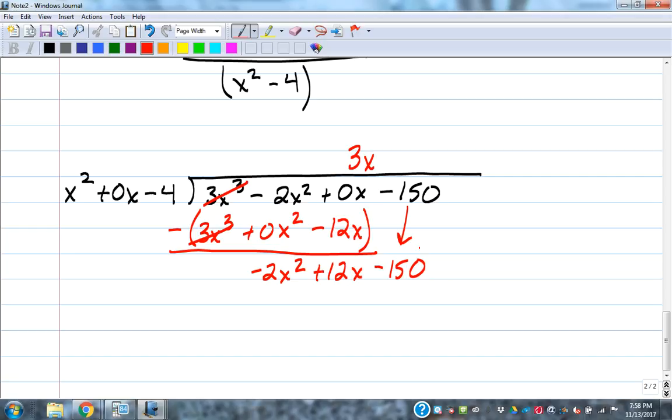What times x squared gets me negative 2x squared? Negative 2. And then subtract.